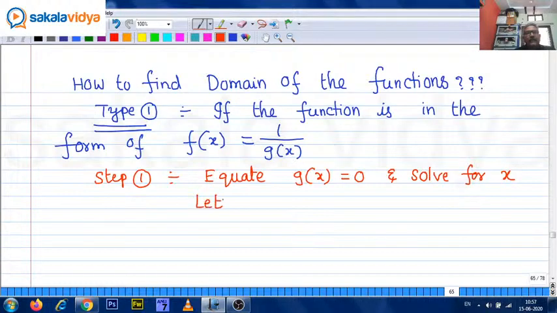Let us say x equals something, alpha, beta, gamma and so on. Then step 2.